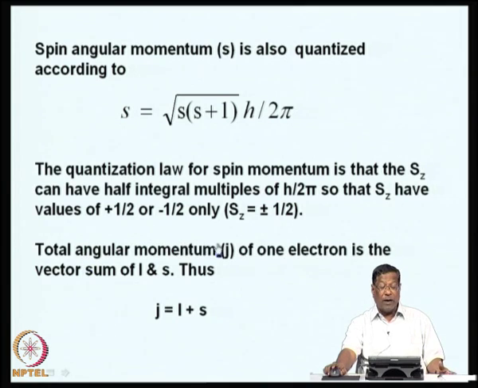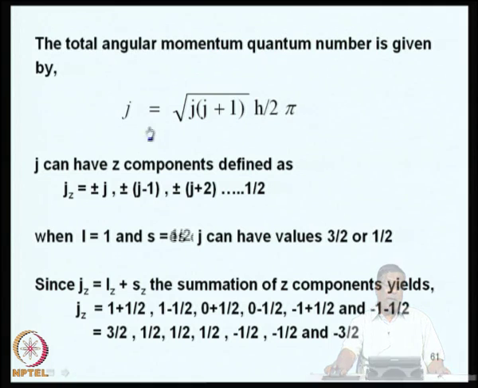So, the total angular momentum J of one electron is the vector sum of L and S, that is we can add them as if they are 2 vectors. So, the total angular momentum is given by J into J plus 1.